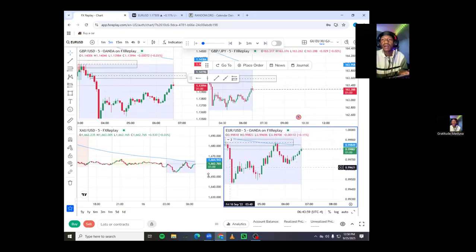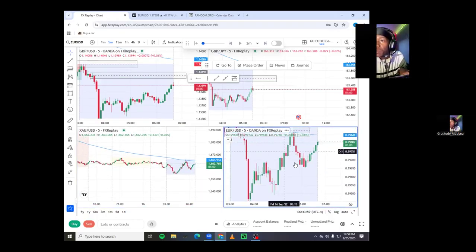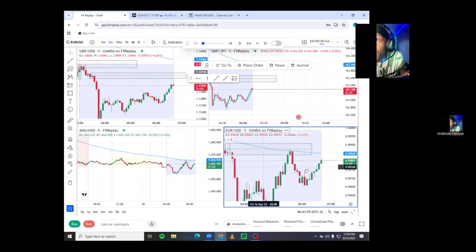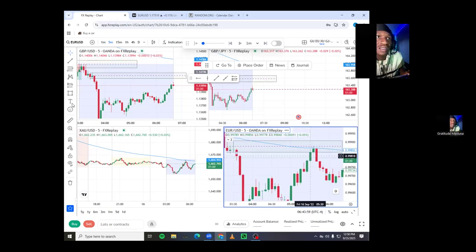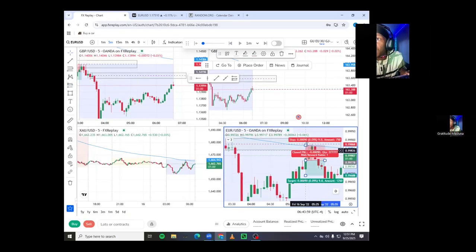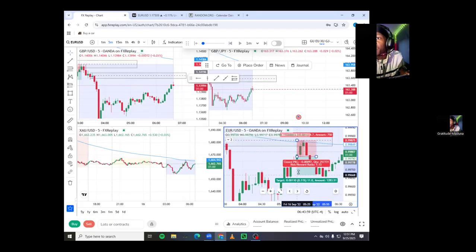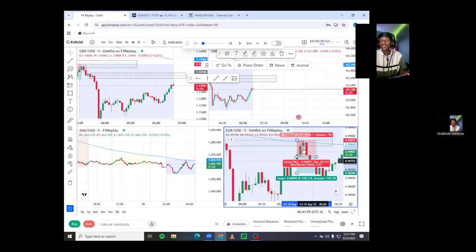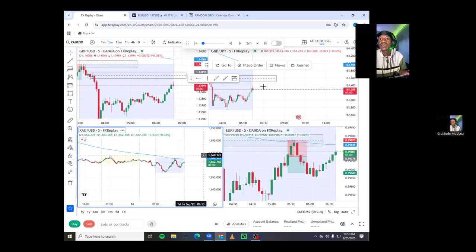I don't know how, because I would have taken this entry. This fast forwarding, I moved too quick. If you zoom in here, this is the zone, and this candlestick closed outside. So I would have placed a short position here, stop loss just here, and when I got 9.7, take profit would have been 9.7, and I would have been triggered when we passed through the zone and hit take profit. Nevertheless, I'm still checking out these ones as well.